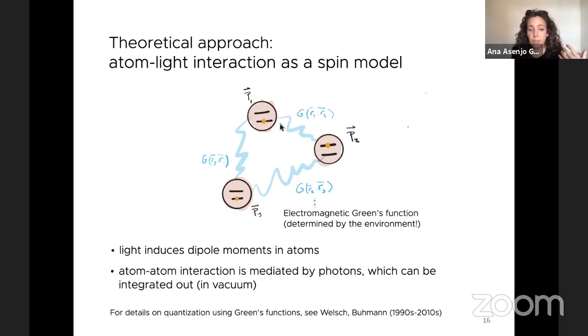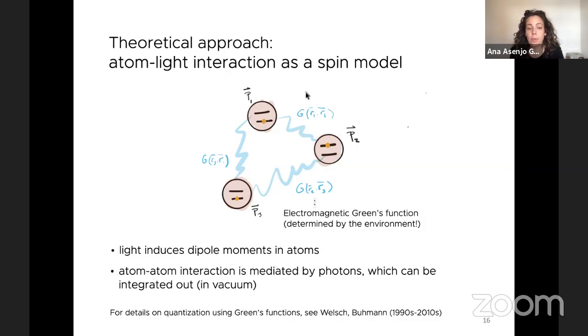These photons basically can be integrated out, and this is totally fine in vacuum. What remains is that eventually we'll find a Hamiltonian, or actually something more complicated like a Lindblad operator, that will depend on just the atomic degrees of freedom.